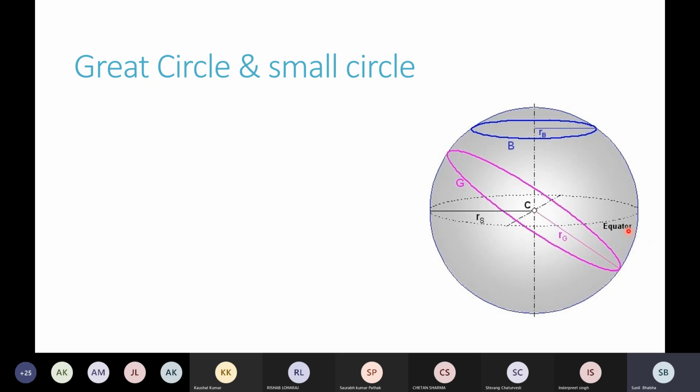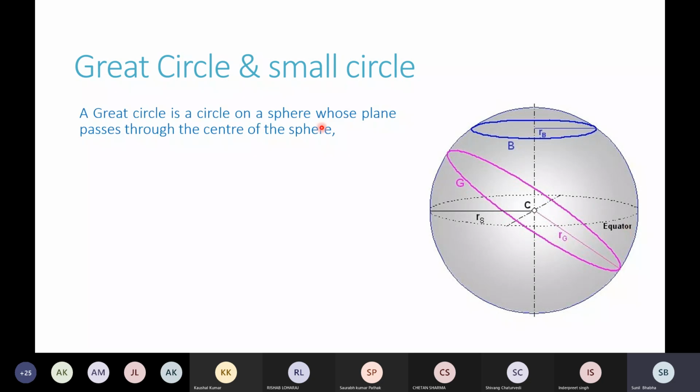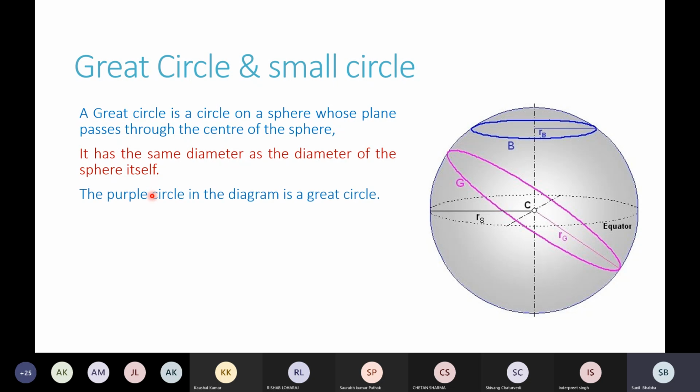Now on a sphere or on the surface of Earth, a great circle is a circle whose plane passes through the center of the sphere. The great circle has the same diameter as the diameter of the sphere itself.